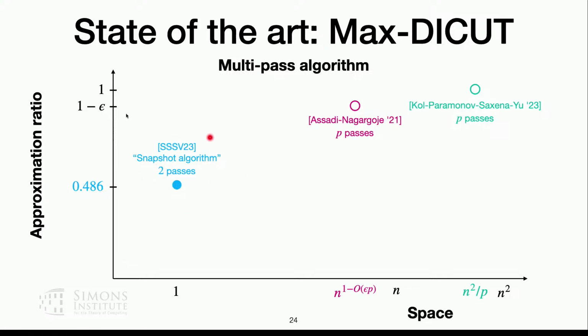If you look at the very related max cut problem, the belief is that even if you're given little o of log n passes, you shouldn't be able to beat its trivial half approximation. But for Max-DICUT, just by giving an additional pass, you're able to beat the best log space approximation algorithm in a single pass.